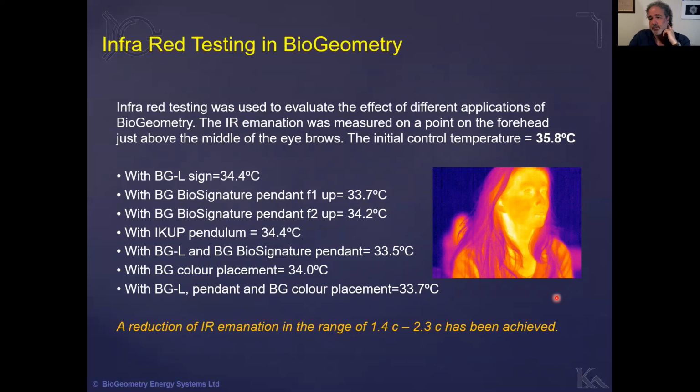The initial control temperature was 35.8, and we see how with different biogeometry items the temperature had a marked decrease, whether the person was wearing an L pendant or a biosignature pendant, or even with the eye cup pendulum, using it like a necklace, because it is an emitter, with the color placement, the technique we talked about, putting dots on the wall, etc. You can see the dramatic decrease in that.